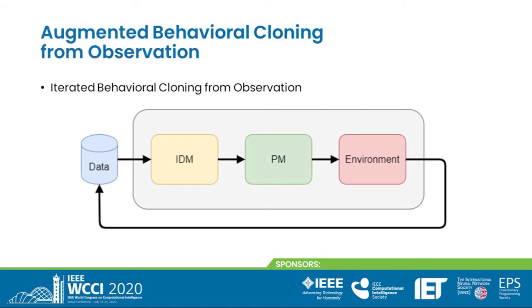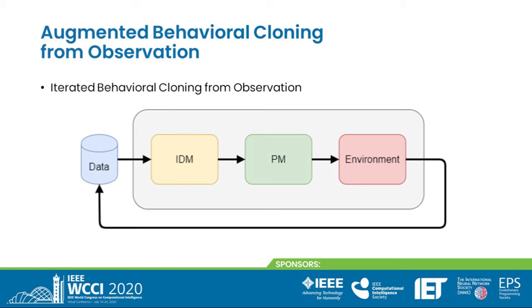The problem of the iterated BCO is that it only uses the set of post-demonstrations to retrain the IDM. Thus, for those cases in which the policy still does not have good enough predictive performance, the generated set of post-demonstrations will contain misleading actions for specific pairs of states.